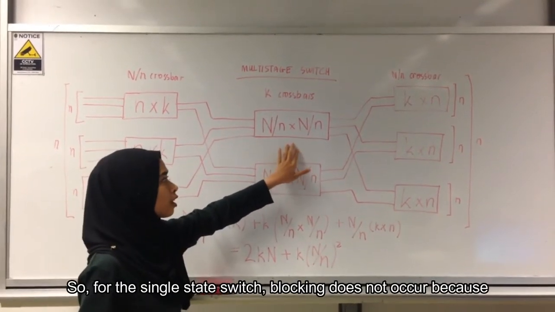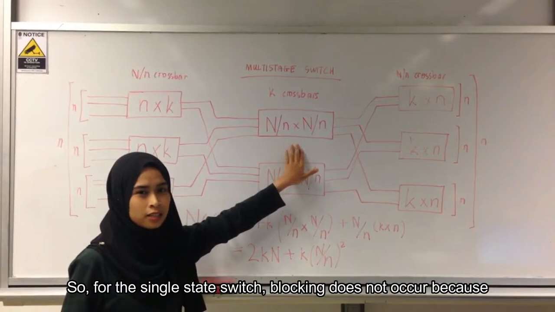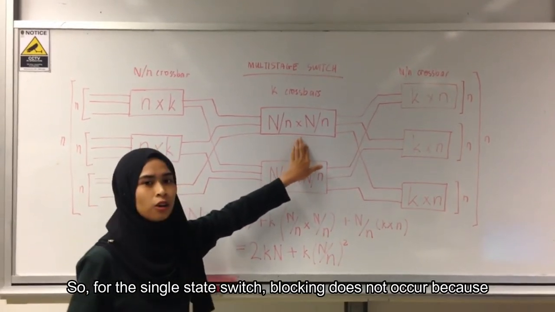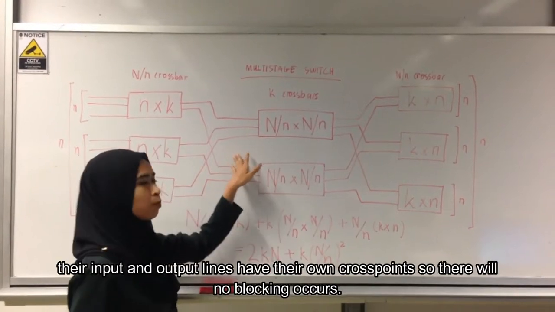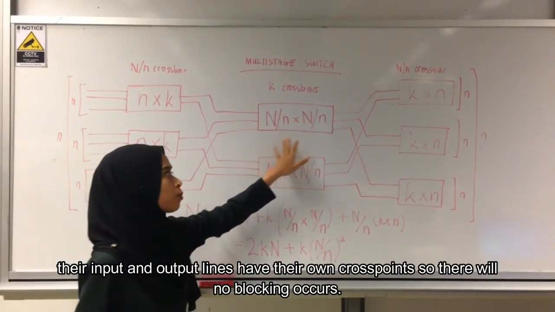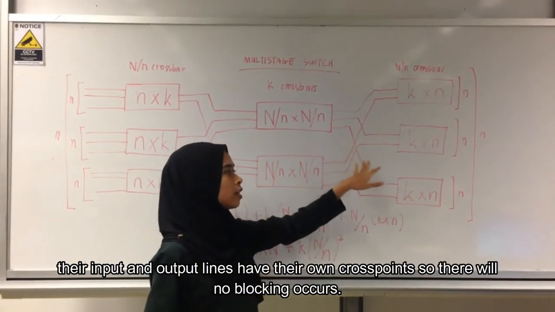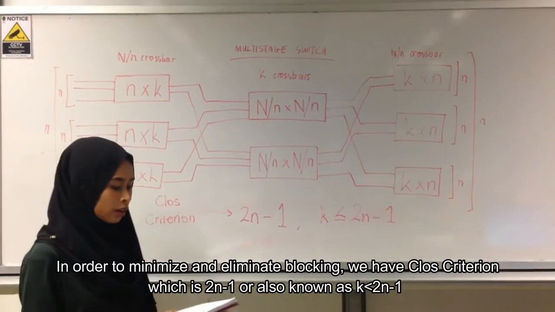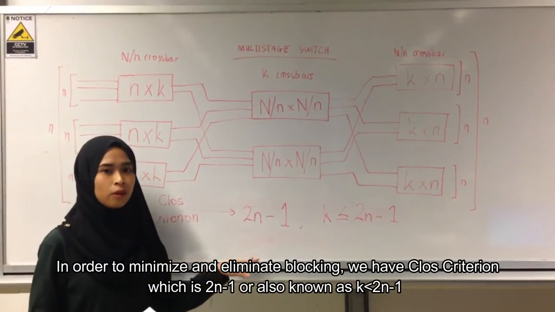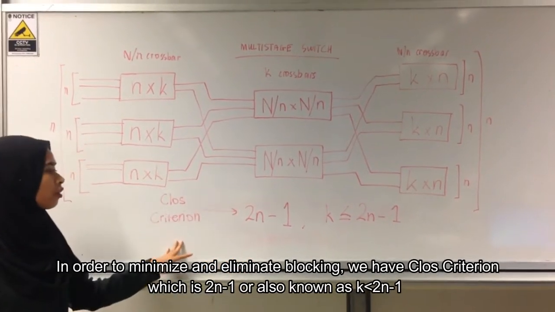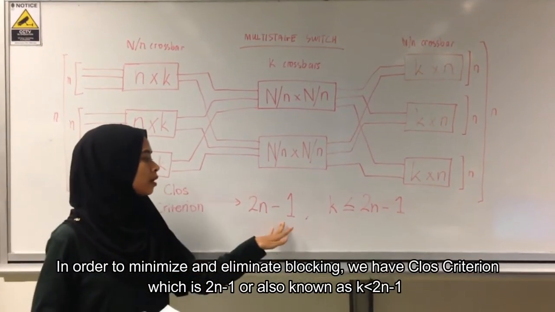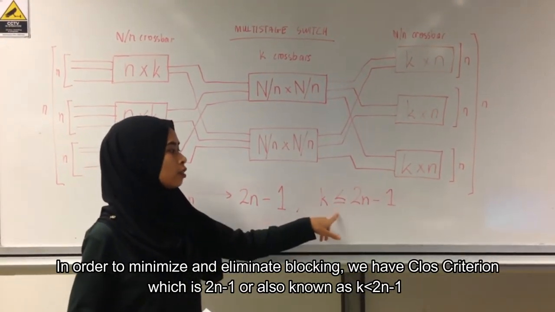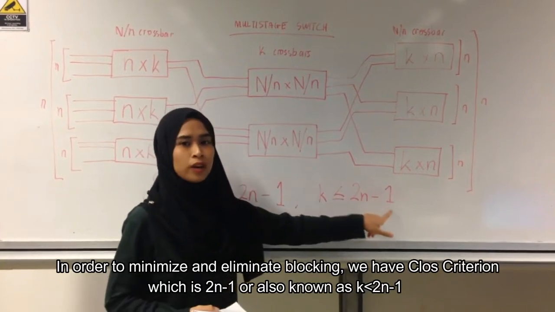So for the single stage switch, blocking does not occur because the input and output lines have their own cross points. In order to minimize and eliminate blocking, we have the Clos criterion, which is K greater than or equal to 2n minus 1.